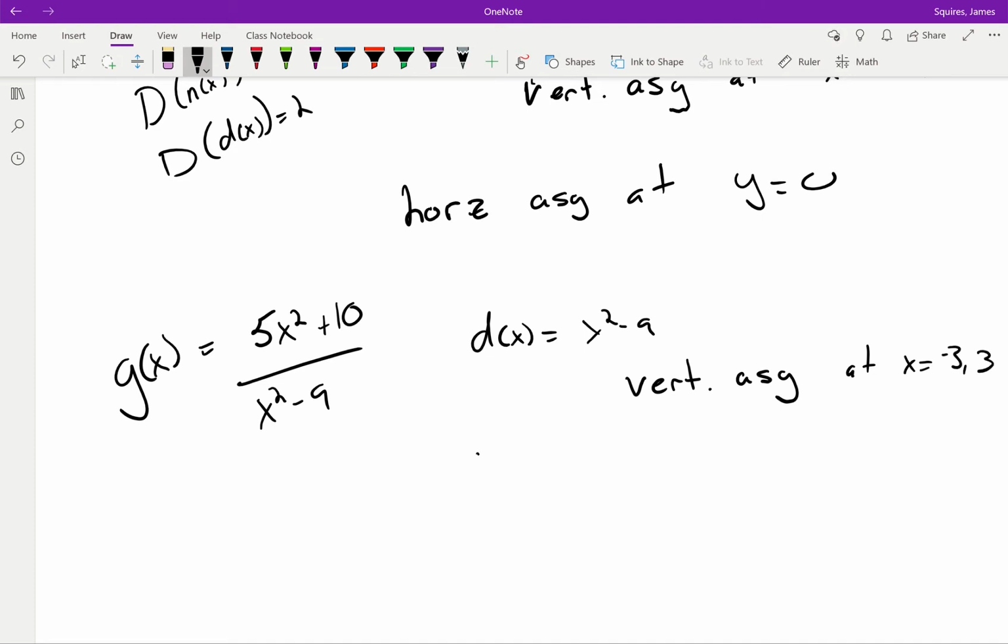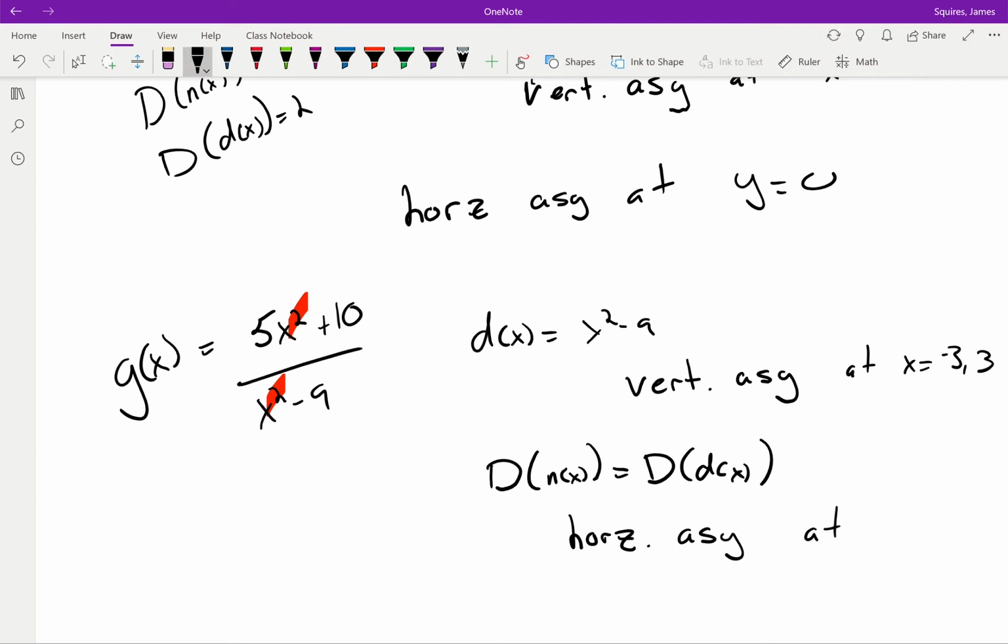Now note that the degree of our numerator this time is 2. The degree of our denominator is 2. So that means the degree of n of x equals the degree of d of x. Well, that implies that we will have a horizontal asymptote at the value 5 divided by, there's an implied 1 there.